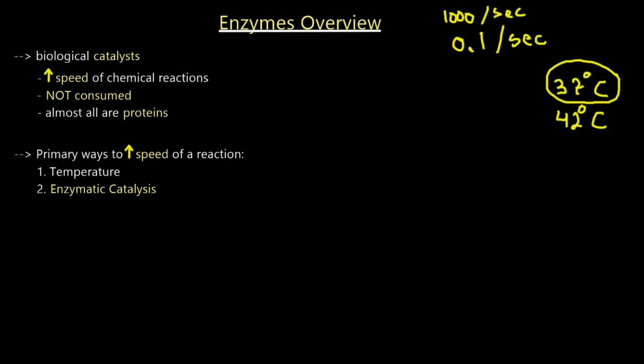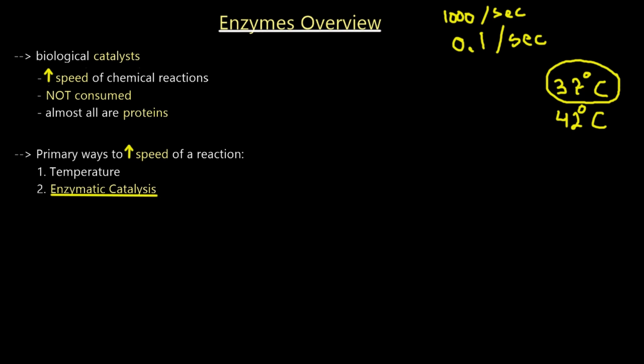However, when it increases by just 5 degrees, the enzymes and proteins in our body denature, right? They denature, and therefore our organs can't function, and we have a full system failure and the person dies. So another way to increase the speed of reactions is through enzymatic catalysis.